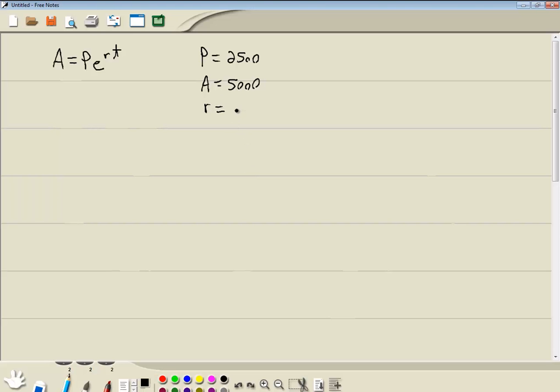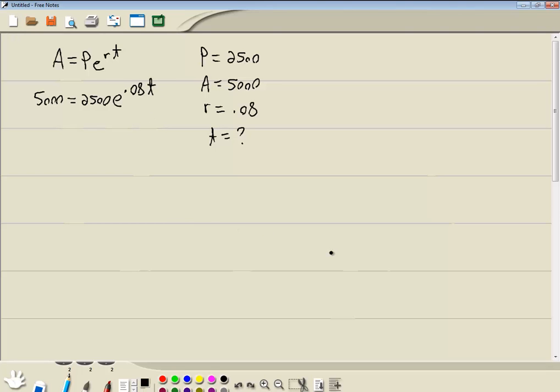So they're giving us r is 8%, and you always want that in decimal form for this formula. And it says how long will it take, so they want us to find t. Well, let's plug in everything we're given. So A is 5,000, P is 2,500, e to the 0.08t power.